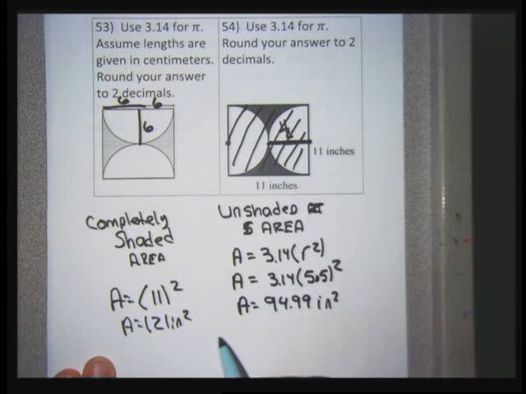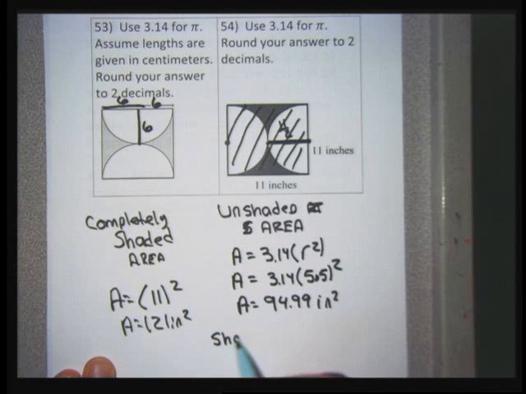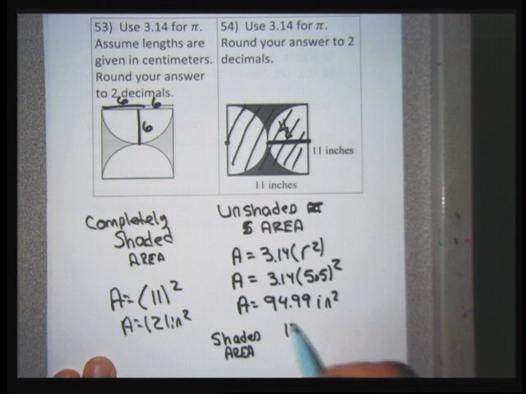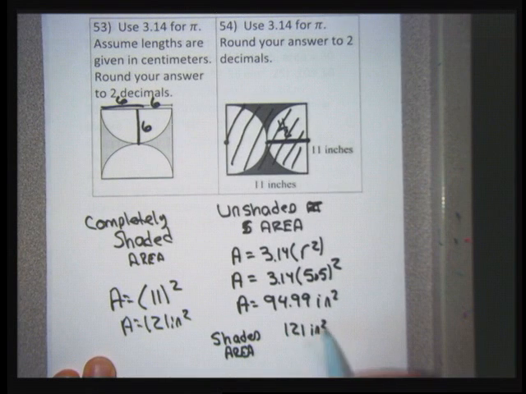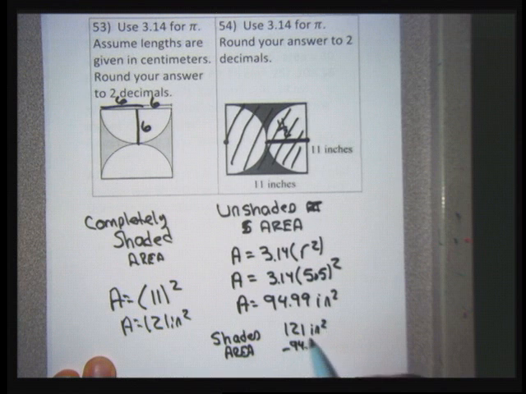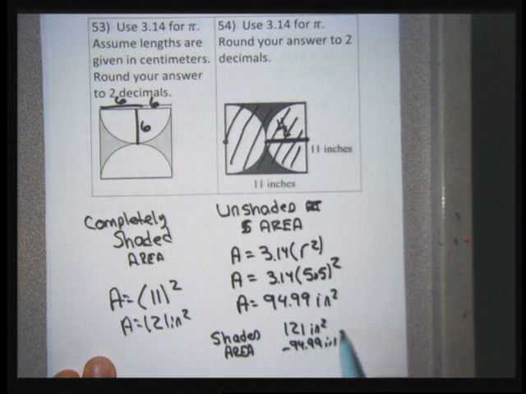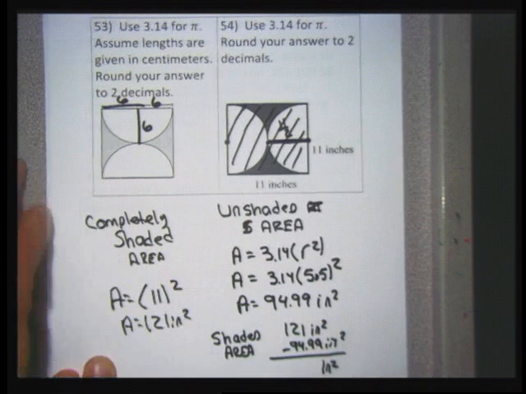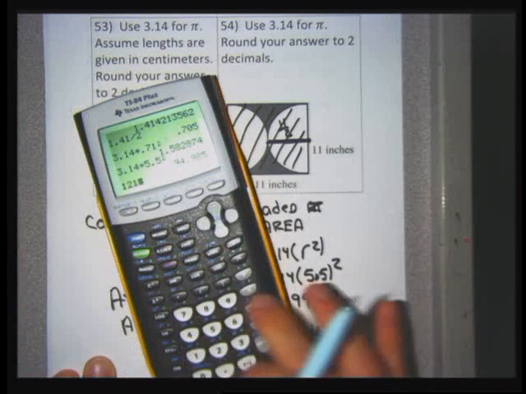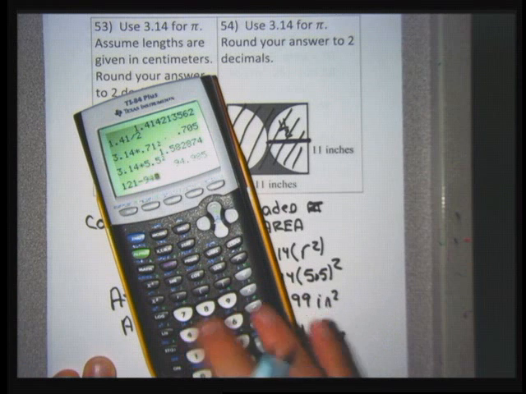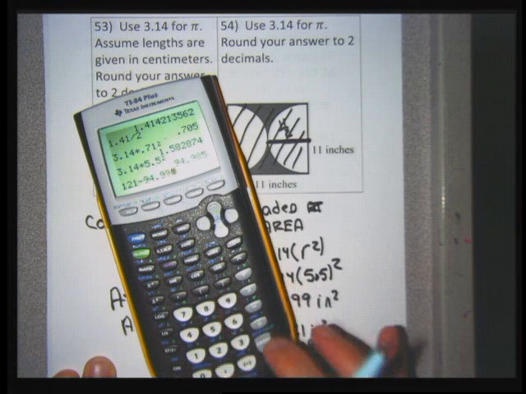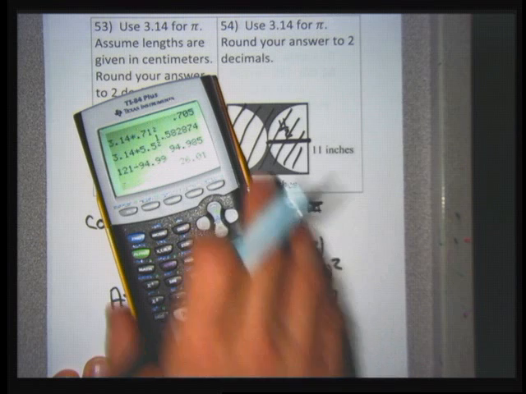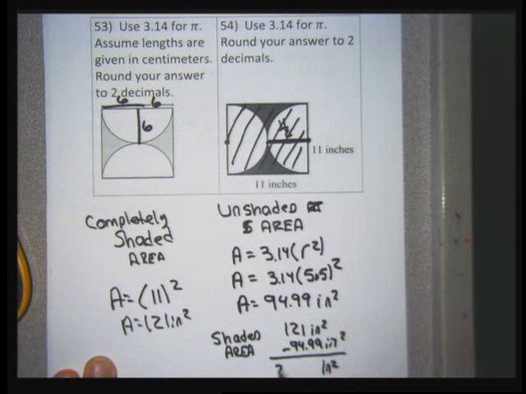So to get the shaded area in the original problem, I take the 121 inches squared minus 94.99 inches squared, and you subtract, the units don't change, so I'm going to get square inches, and then I'll do 121 minus 94.99, and my calculator tells me it's 26.01 inches squared.